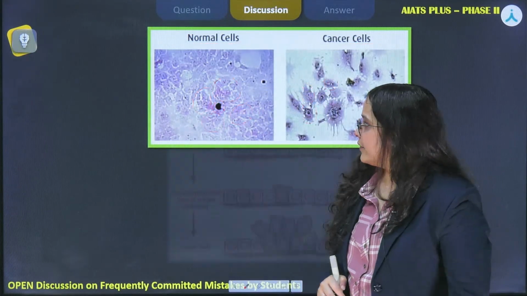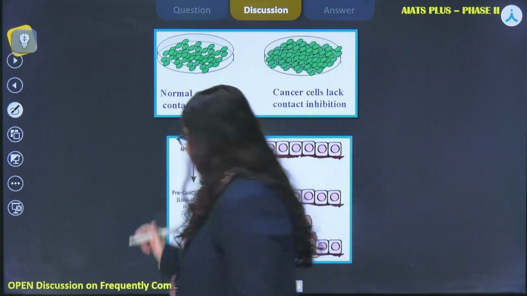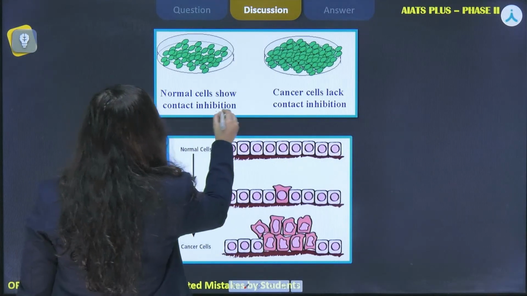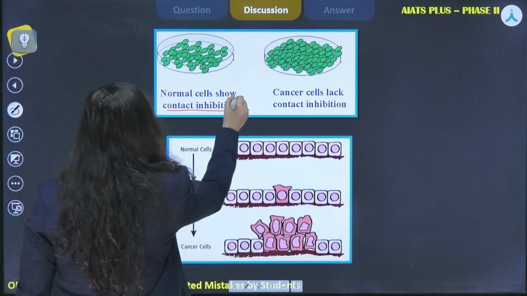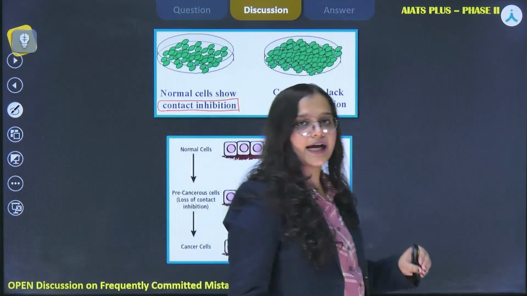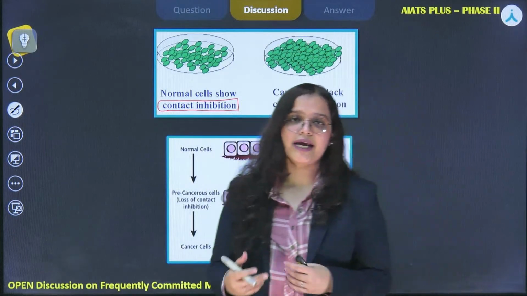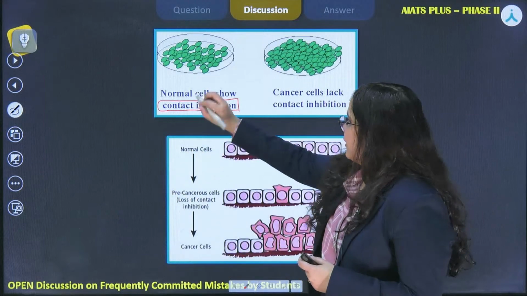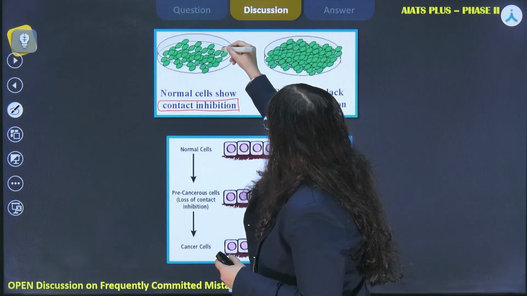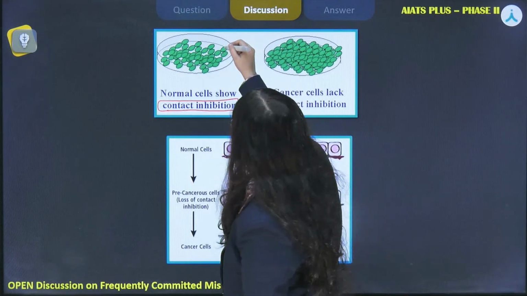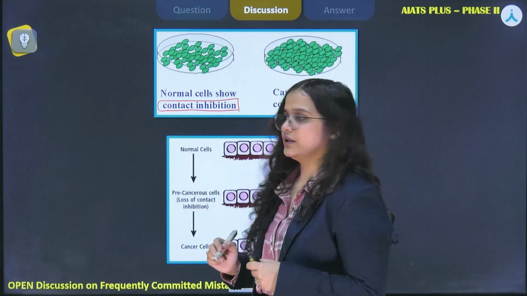If I give an example of a process or phenomenon, it is contact inhibition. Basically in a normal cell, when the cells come in contact during their division, they will not divide further if they come close to each other.